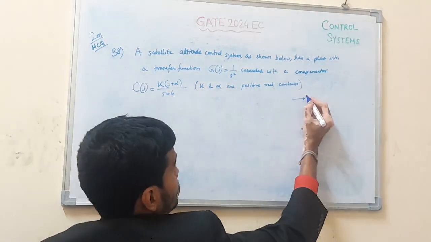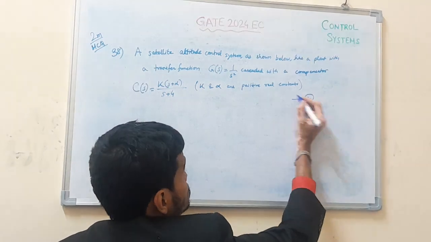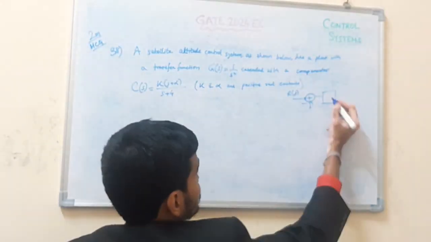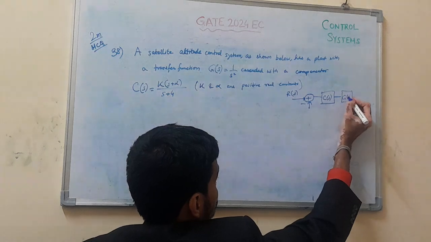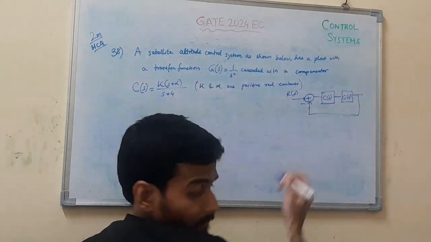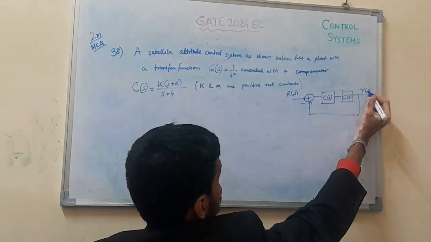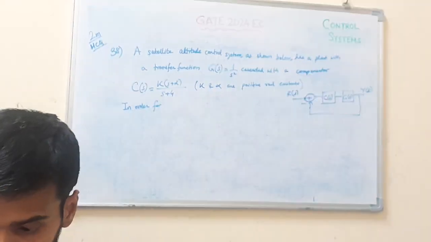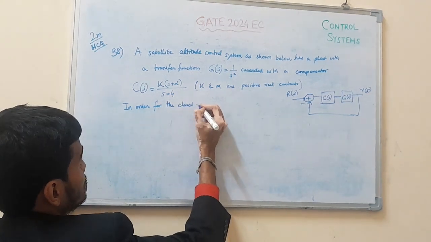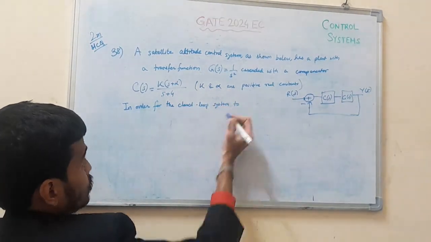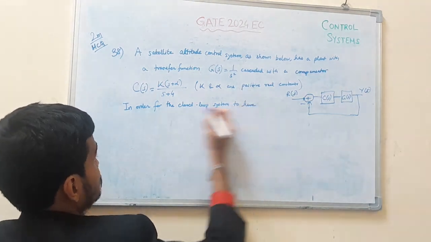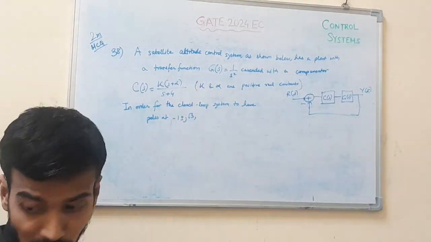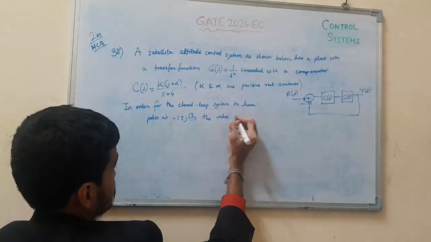The order is given something like this: unity negative feedback, C(s) cascaded with G(s), with output Y(s). It is asked, in order for the closed loop system to have poles at -1 ± j√3, the value of α must be.